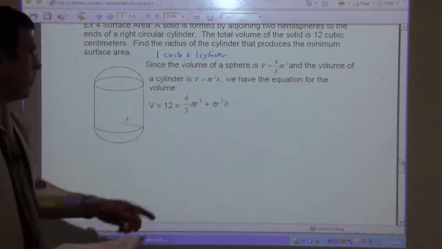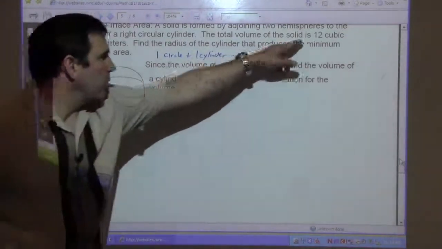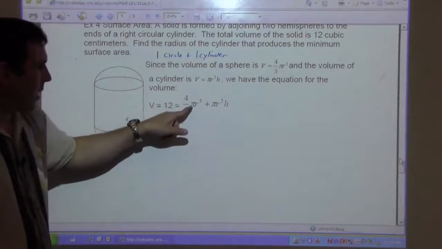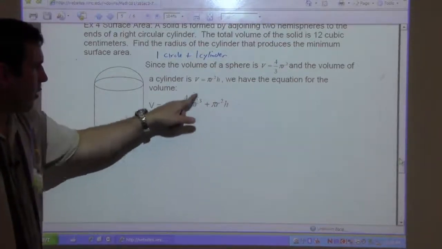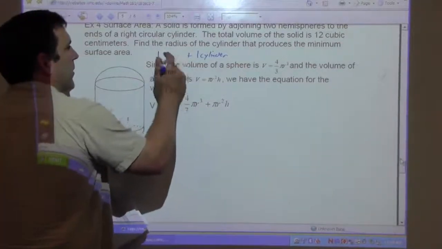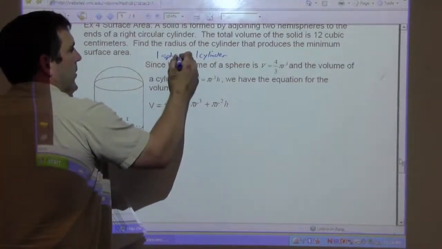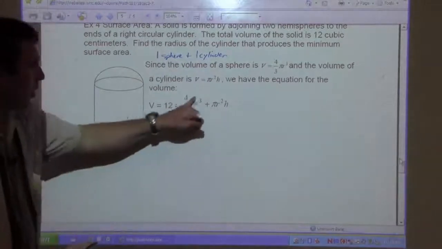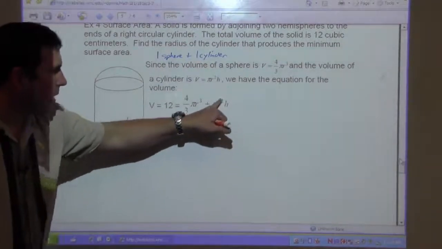So our volume is 12. That's going to be 4/3 pi r cubed. This is the volume of a, not circle, it's a sphere, I'm sorry. Okay, that's the volume of a sphere plus the volume of a cylinder.